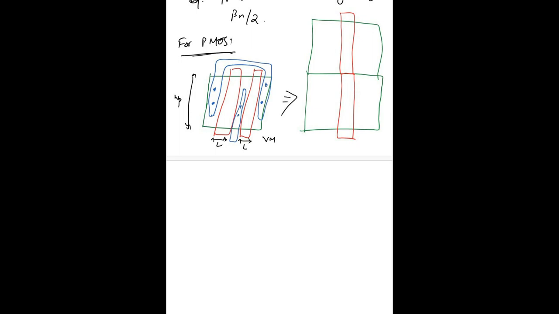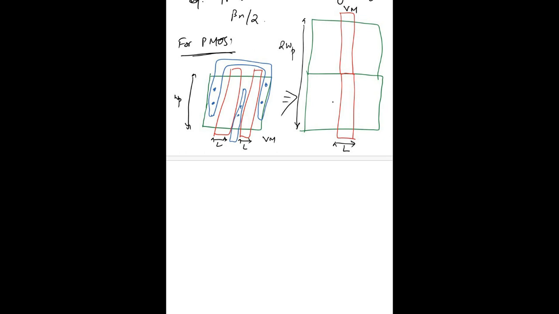The total width of this equivalent circuit would be 2WP, and the length is the same, that doesn't change, and the voltage applied is Vm. So the equivalent circuit for a parallel connected MOSFET is this, because we are stacking the two gates on top of each other.